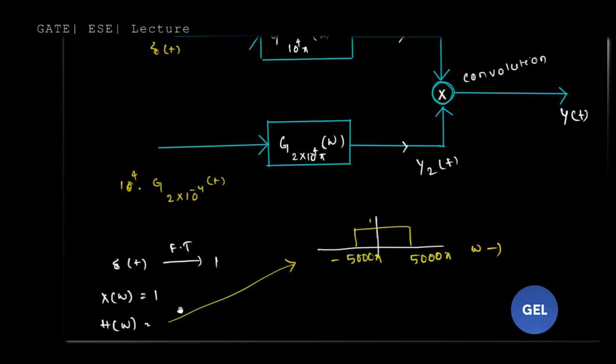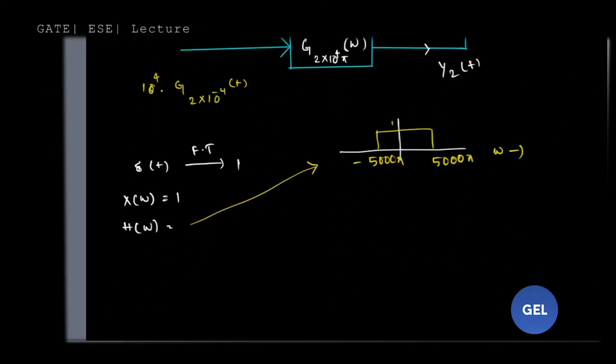Now the convolution: the Fourier transform of y1 of t is nothing but Y1 of omega, where Y1 of omega is given as X of omega into H of omega.